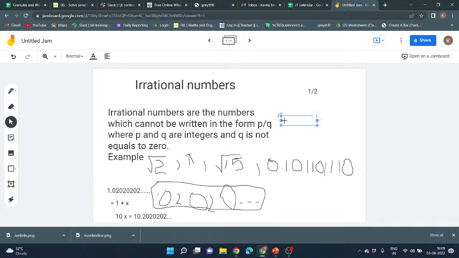So it will be 10 plus x, which is again equal to x.